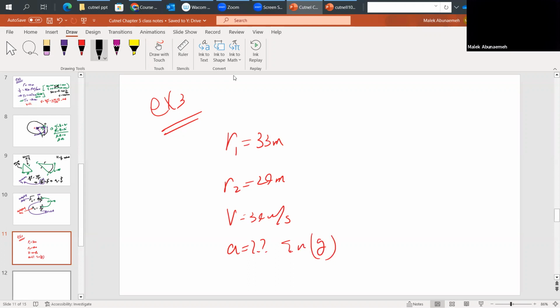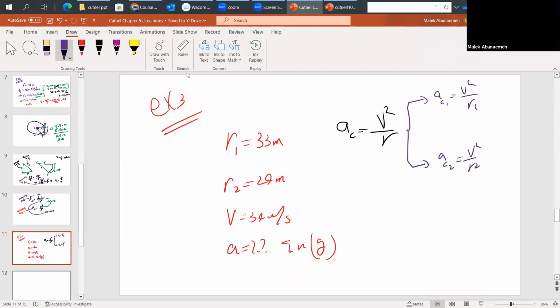All right. So you know our acceleration is going to equal your v squared over r, which means that ac1 is going to equal your v squared over r1. Your ac2 is going to equal v squared over r2.